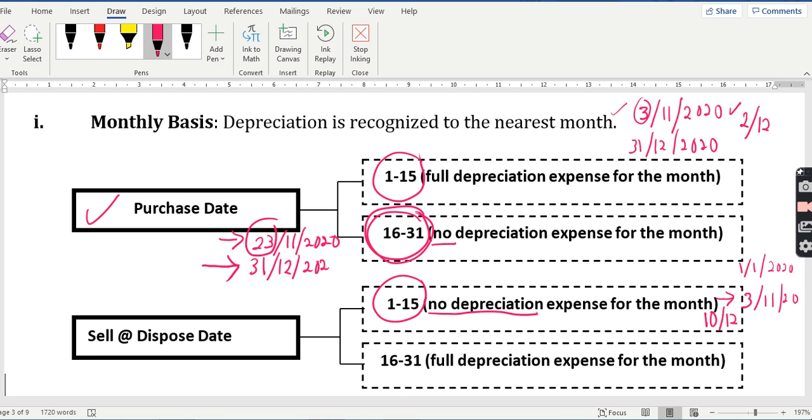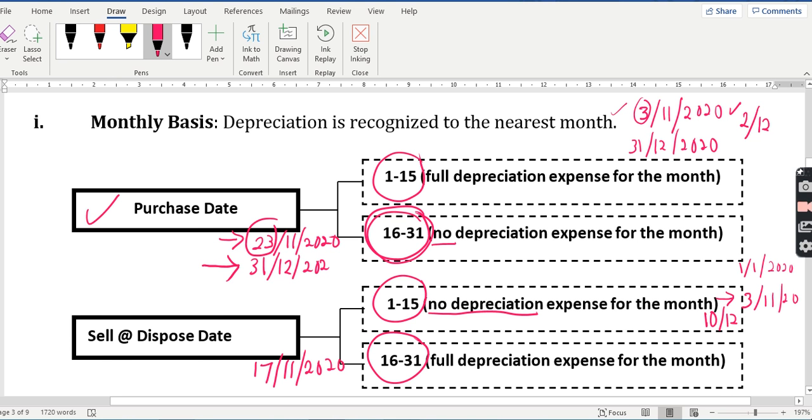But if I sell the asset during the second part of the month, the 16th to the 31st, that means I was already using the asset until the middle of the month. So let's say the selling date is on the 17th of November 2020.